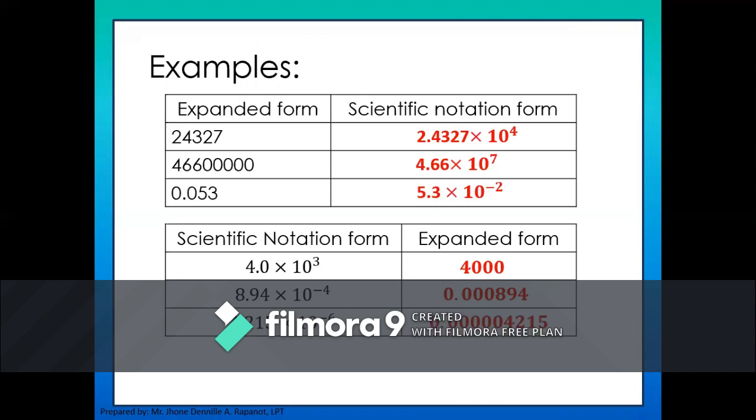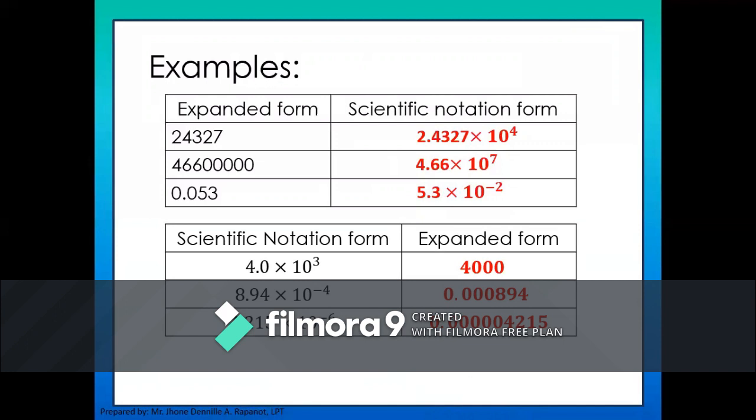Now, for number 3, we have also a negative given here for the scientific notation form that implies a very small number. That's the reason why we have 0.000004215. Now, we're done applying the rules in writing the expanded form into scientific notation form. Likewise, writing the scientific notation form into expanded form.